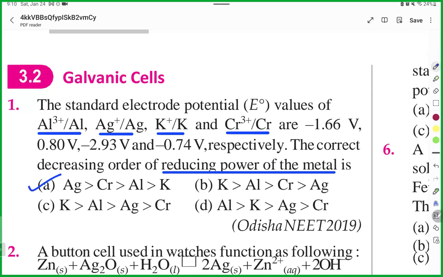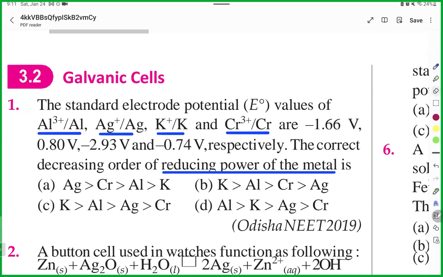Option A. Because you have to see that reducing power means reduction. The more positive value, more reduction. And even in general, silver has a very high reduction potential. Wait.